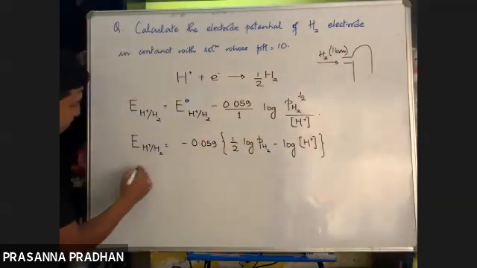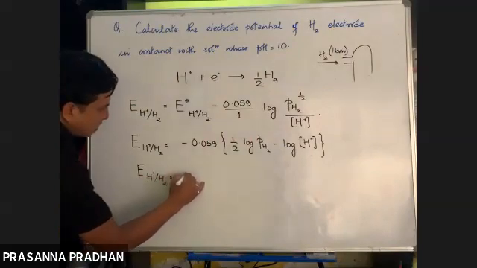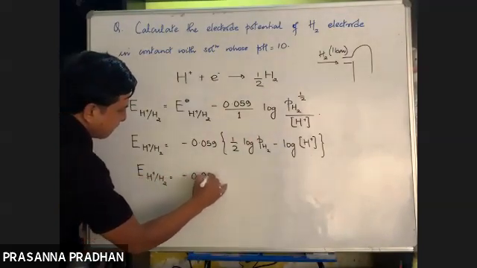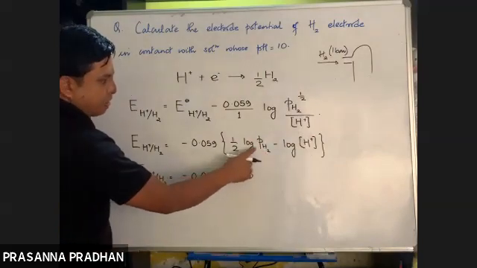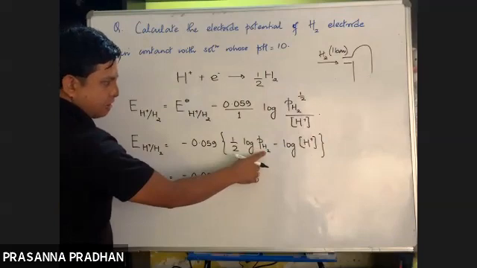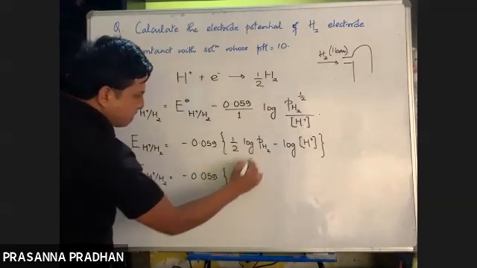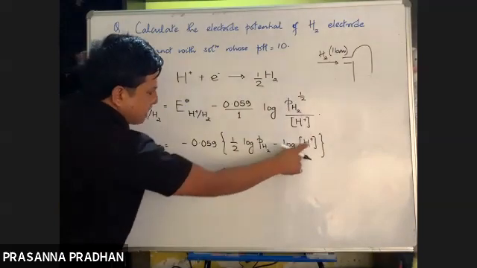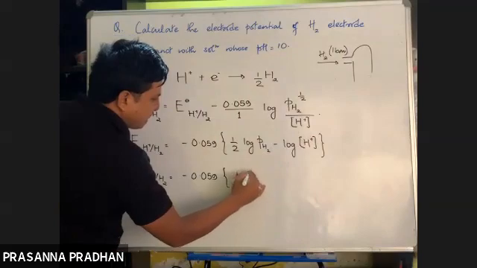So E of H positive oblique H2 is equal to minus 0.059 times the log of the partial pressure of hydrogen, which is 1. Log 1 is equal to 0. So this will be 0. Minus log H positive is equal to the pH.